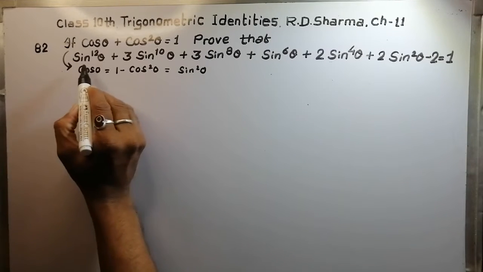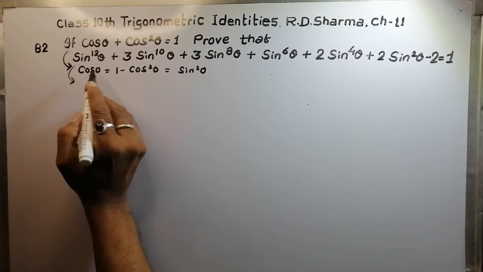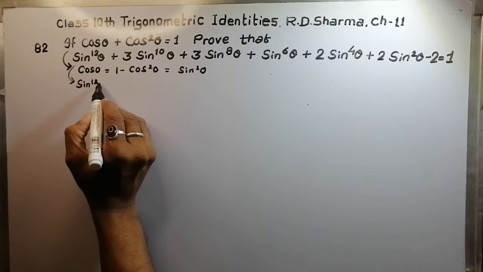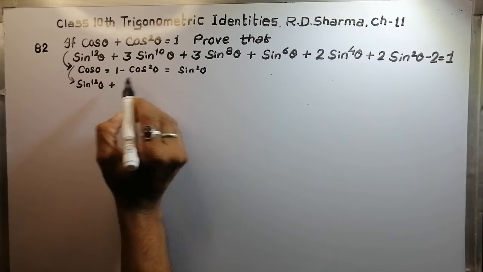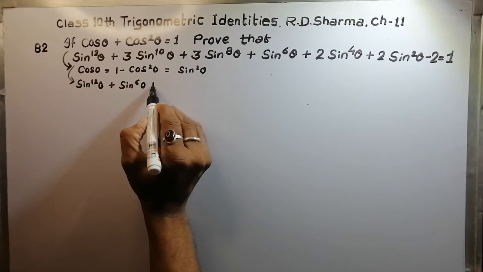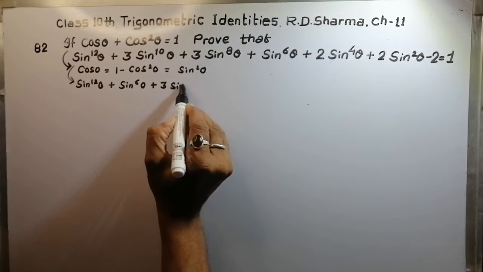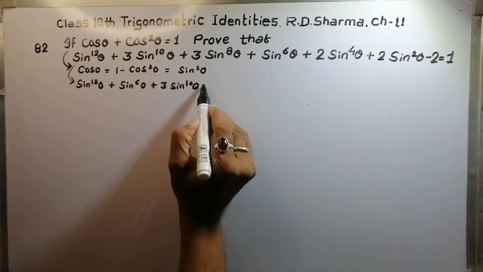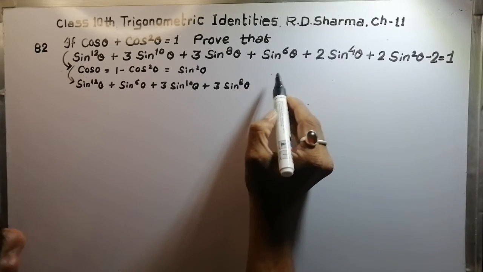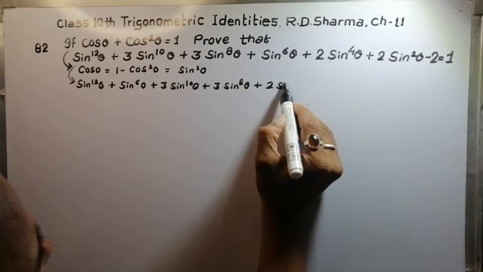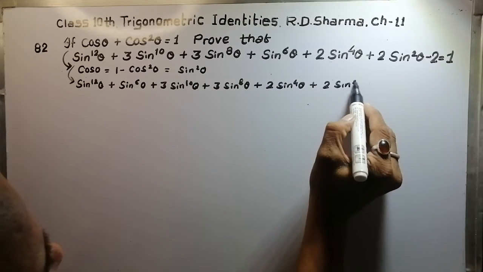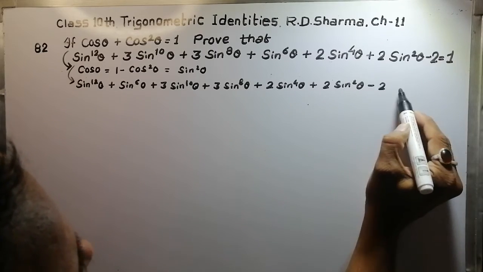And if you arrange this equation, we get sin 12 theta plus sin raised to power 6 theta plus 3 sin raised to power 10 theta plus 3 sin raised to power 8 theta plus 2 sin raised to power 4 theta plus 2 sin square theta minus 2.